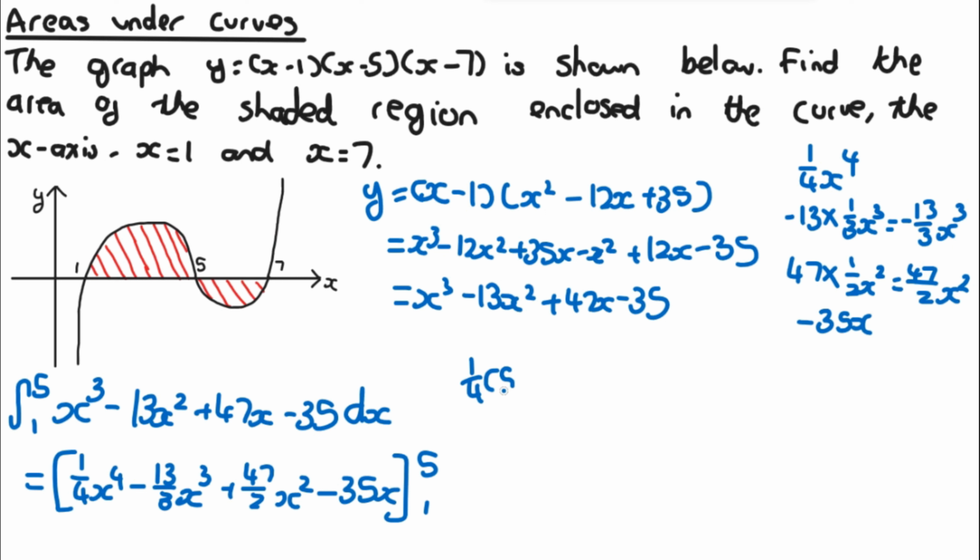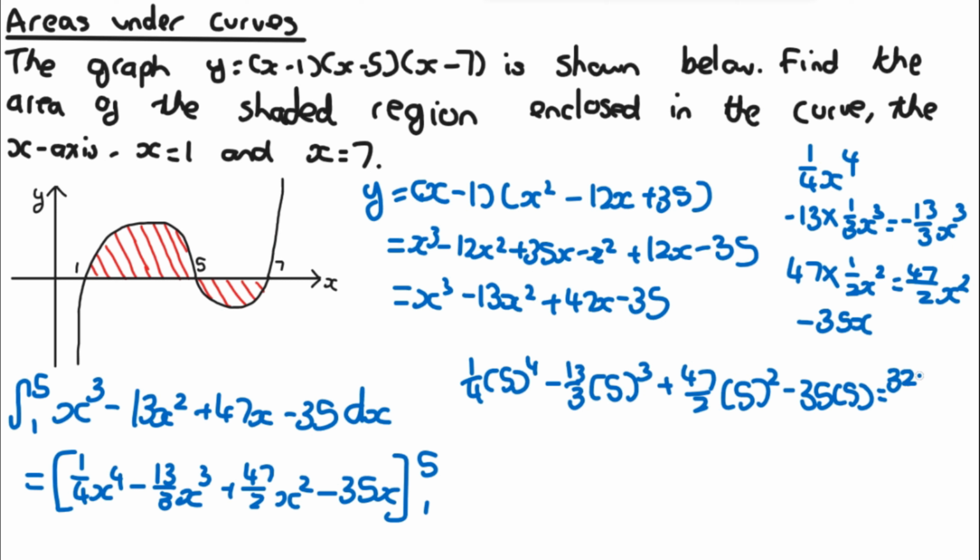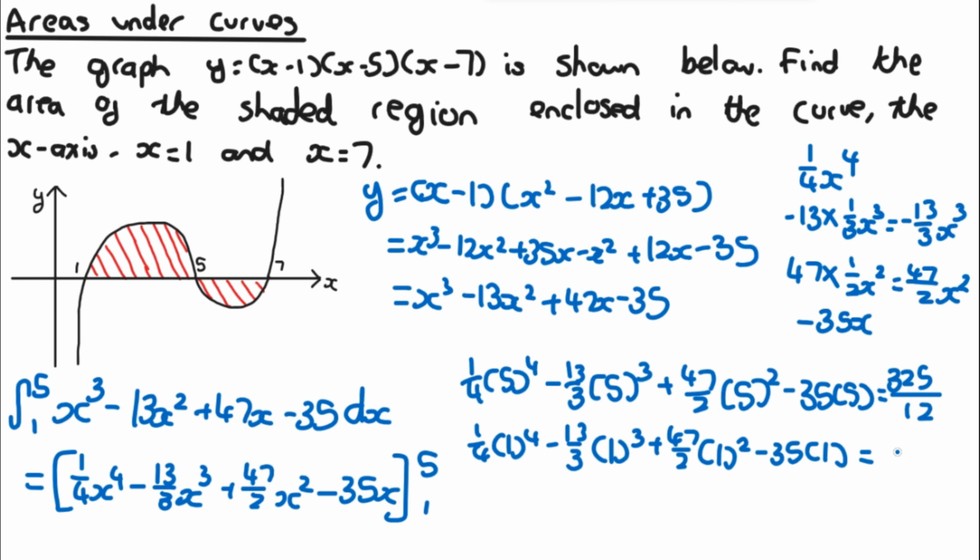It's going to be 1 over 4, 5 to the power of 4 minus 13 over 3, 5 to the power of 3 plus 47 over 2, 5 squared minus 35, 5, which if you put into a calculator is equal to 325 over 12. And then we do 1. And 1 is going to be 1 over 4, 1 to the power of 4 minus 13 over 3, 1 to the power of 3 plus 47 over 2, 1 squared minus 35, 1, which if you put into a calculator is equal to minus 187 over 12.